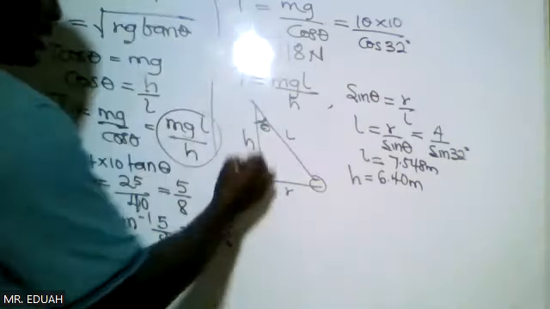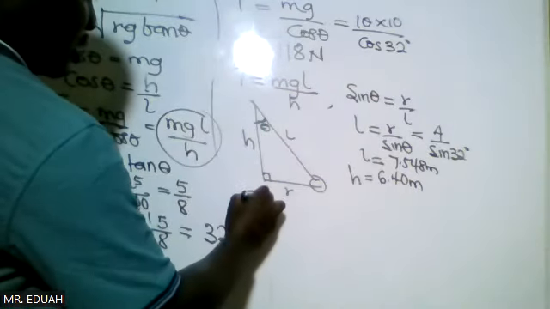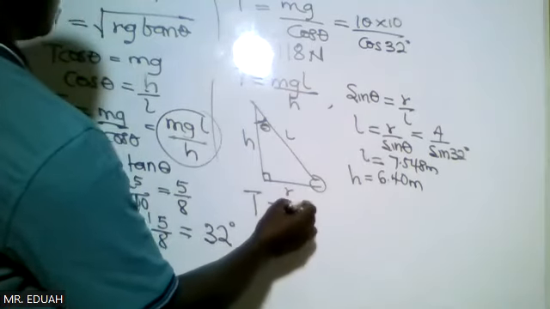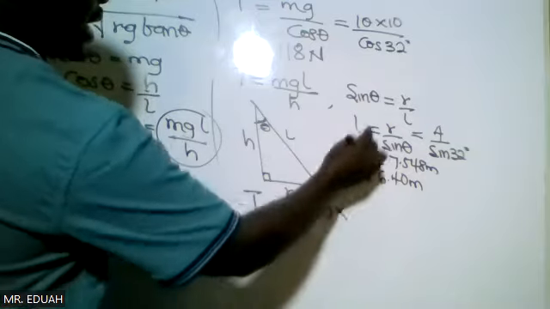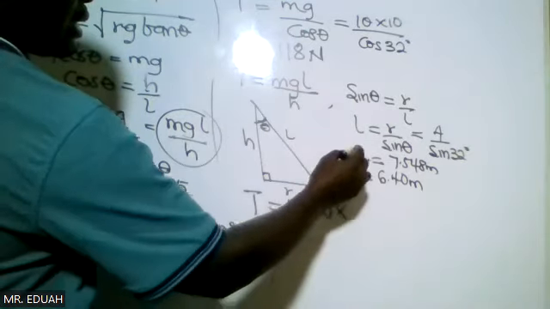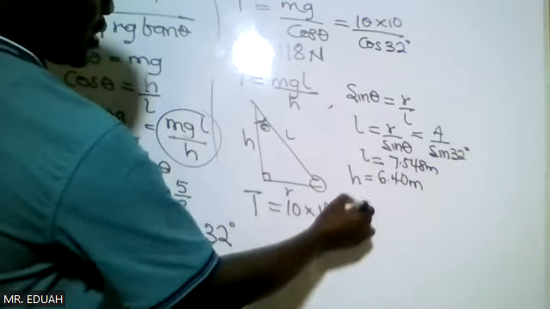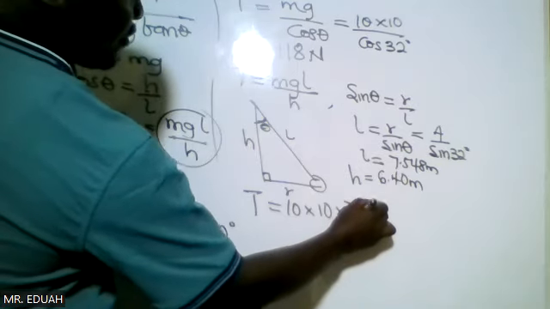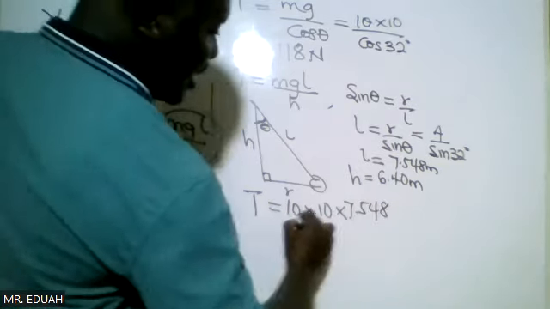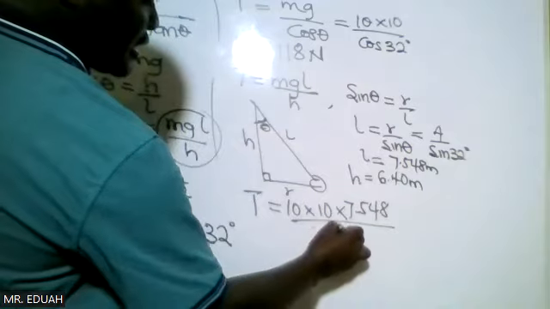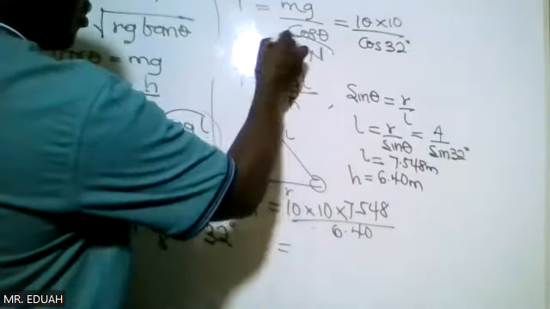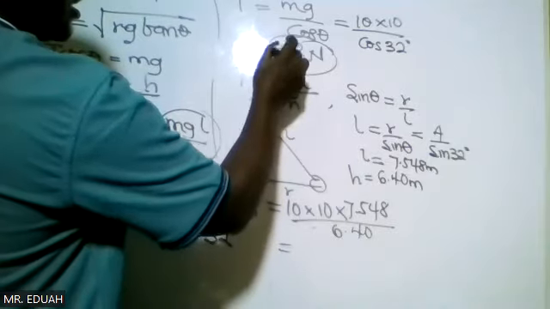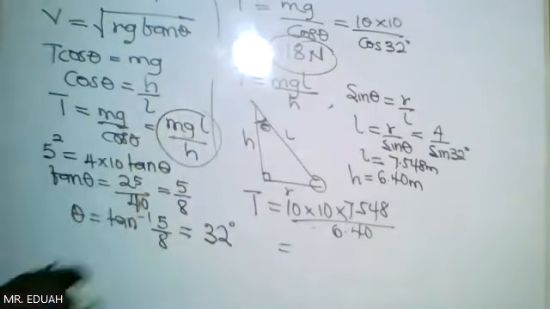So when we put this into the equation, we have T is equal to 10 by the length, 7.548, divided by H value of 6.4. And this must give us a value equal to this or close to this value.